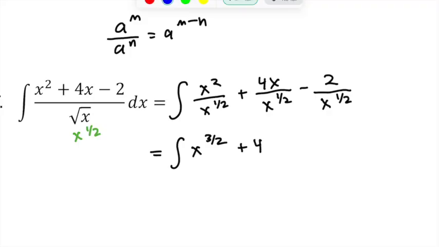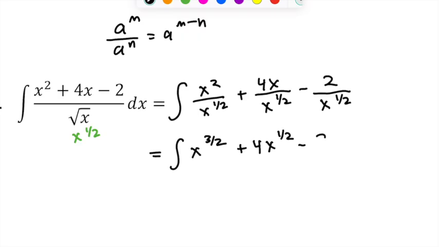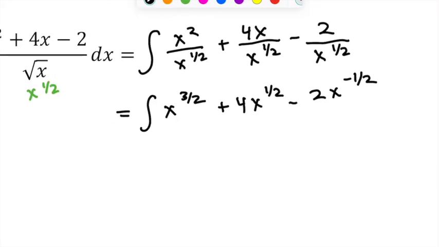And then again here, this is going to be 1 minus a half, which is just a half. And then we are going to leave the final one, we're going to rewrite this as x to the negative 1 half.